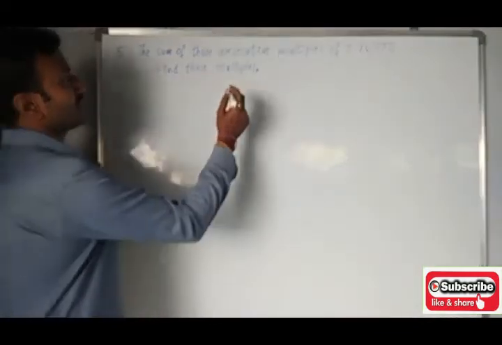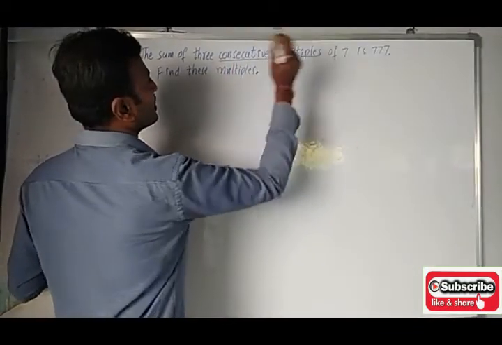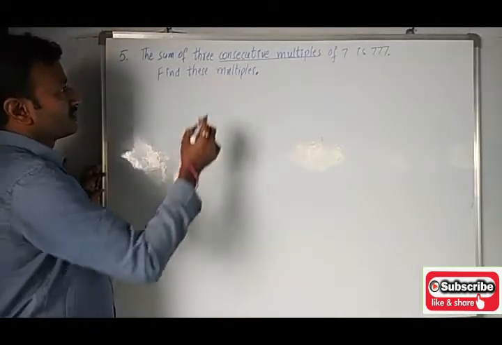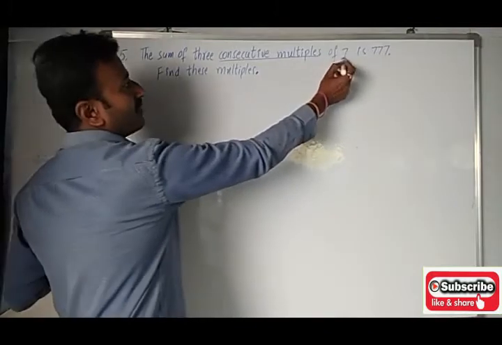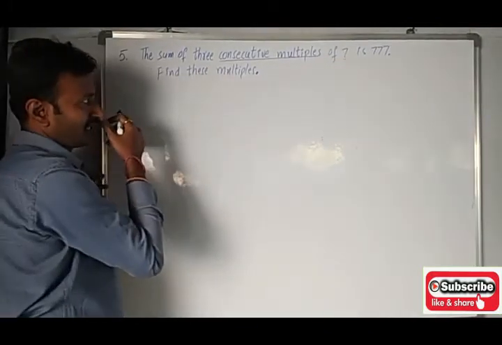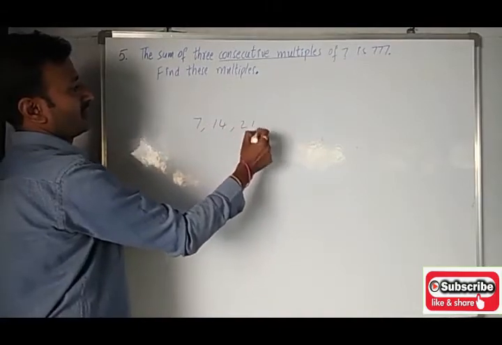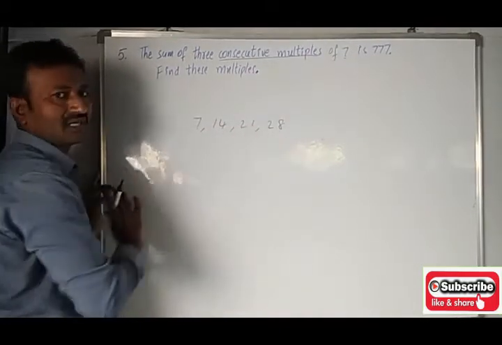As in the previous question, this is also very easy. First we have to understand these consecutive multiples. Consecutive means one after another. We will understand multiples of 7. First of all, write the multiples of 7: 7, 14, 21, 28. How did we get this?